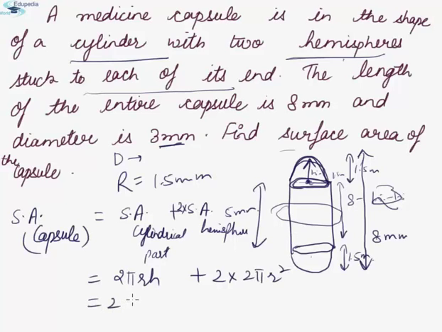So we have 2 into pi into r, that is 1.5, into 5 plus 2 into 2 into pi into 1.5 square. Now 1.5 is also 3 by 2, so we can also say that this value is 3 by 2.